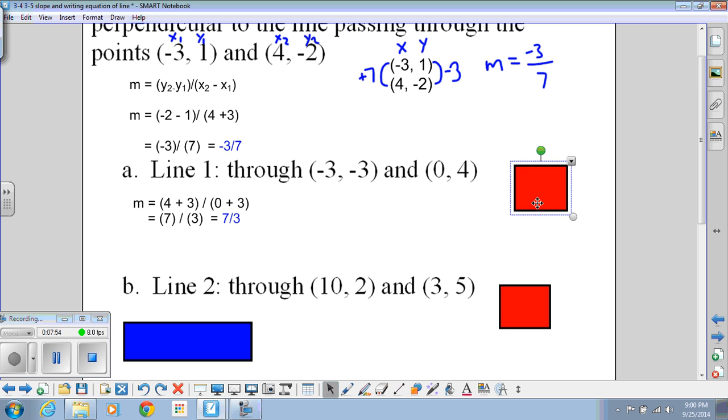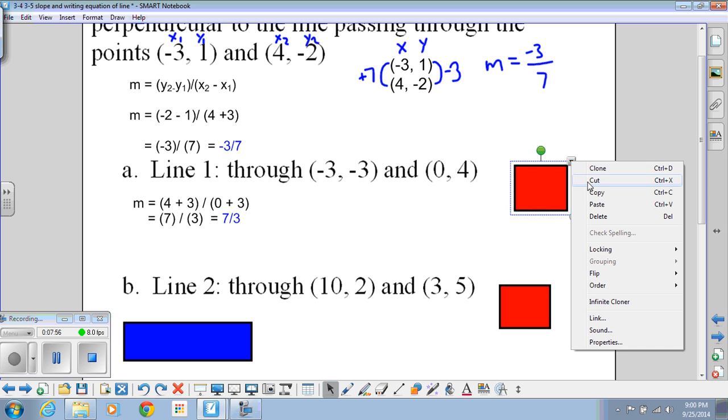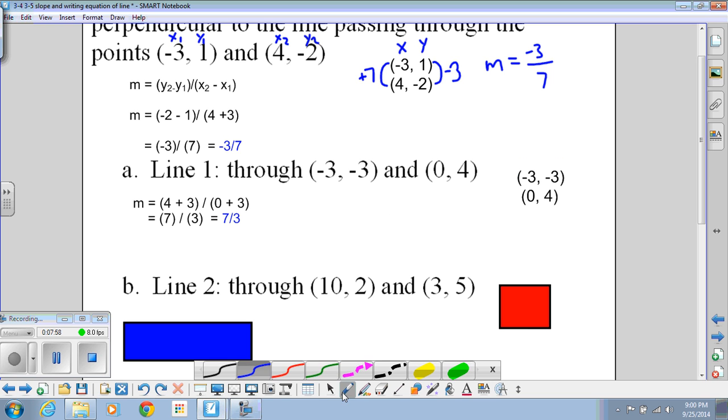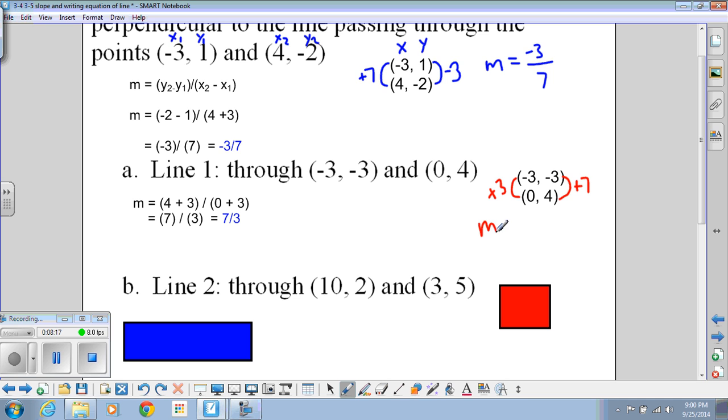And again, you could do that same thing by stacking your numbers. How do I get from -3 to 4? That goes up 7, so that's a positive 7. How do I get from -3 to 0? That goes up 3. And so my slope is my rise over run, 7 divided by 3. Okay, and I'm getting the same exact answer.